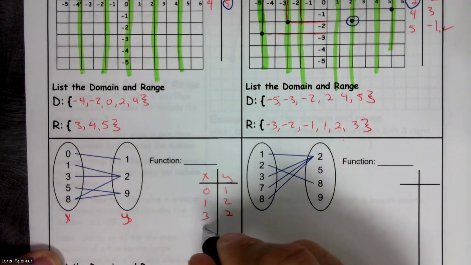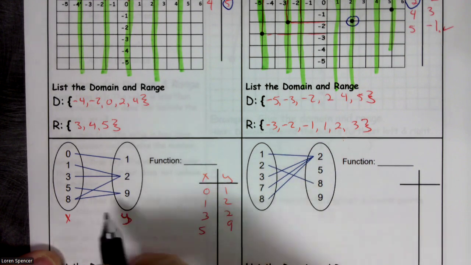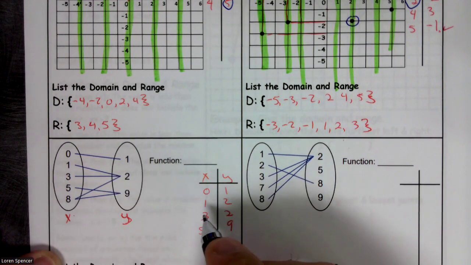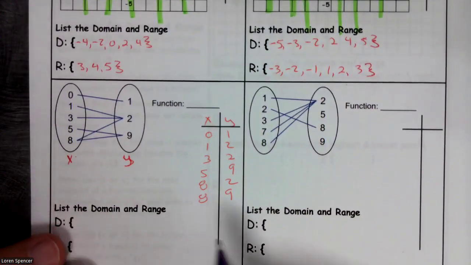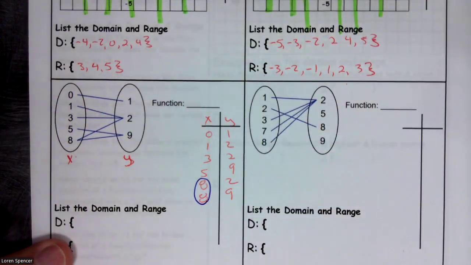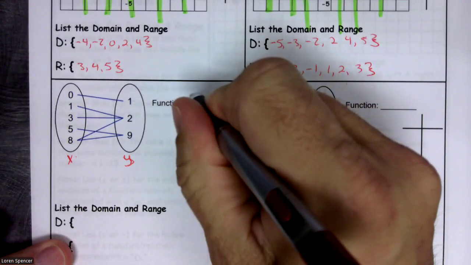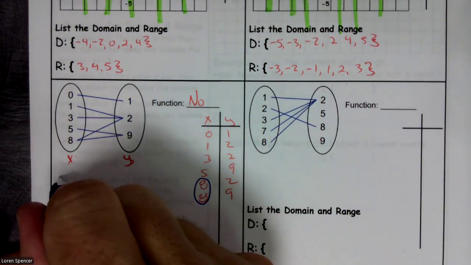Then we get to the 5 to 9. And then we get to the 8. 8 to 2. 8 to 9. Is it a function? And the answer is no. The reason it's a no: x equals 8 repeats.